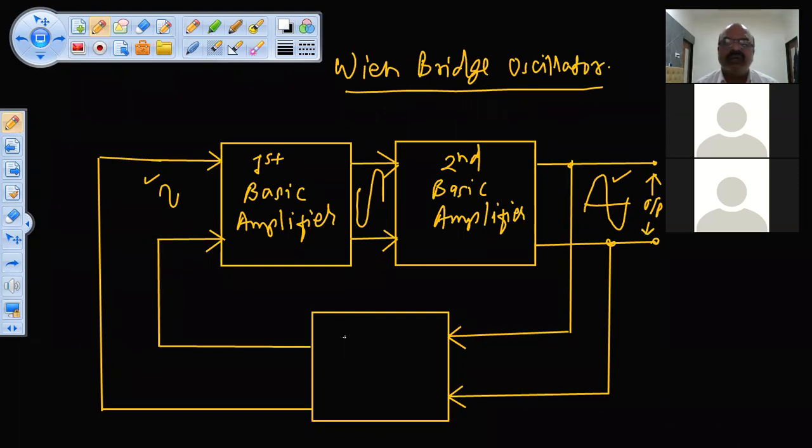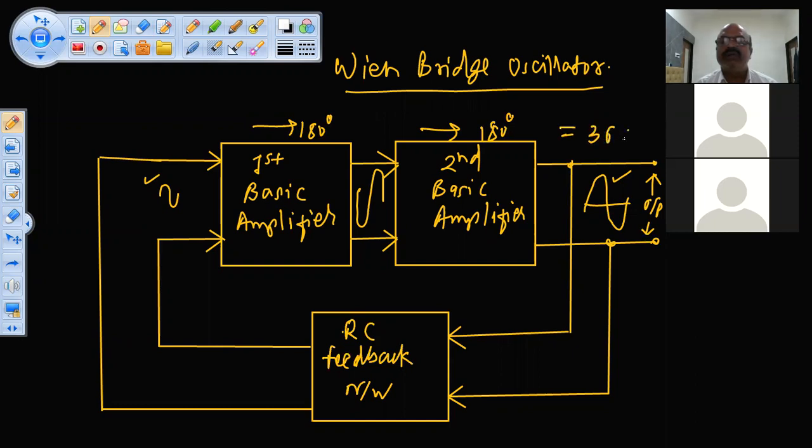And this one is the feedback network, an RC feedback network, but not a phase shifting network. It is a simple feedback network. It is not a phase shifting network because this amplifier produces 180 degrees phase shift, and this amplifier again produces 180 degrees phase shift. So it is totally 360 degrees phase shift.